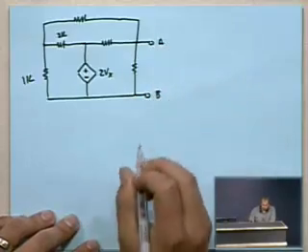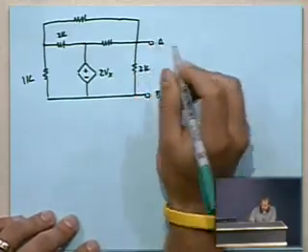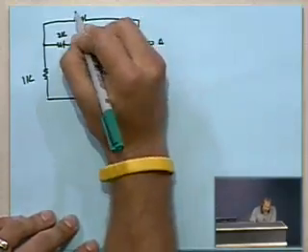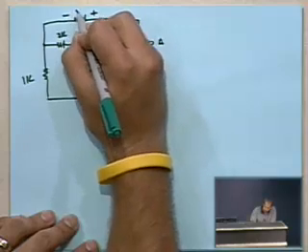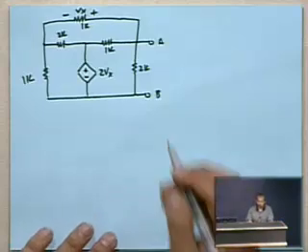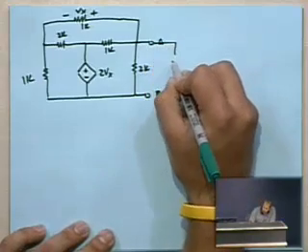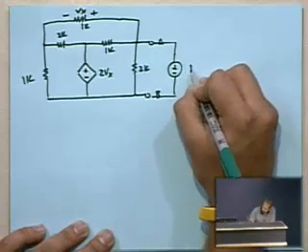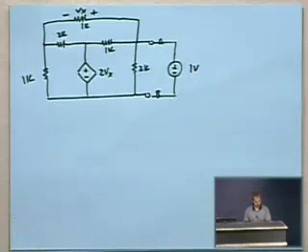And in this case, we've already detached the load, and we'll come back and deal with that later. So what we will do in this particular one is hook up a voltage source. Here is a 1 volt voltage source.